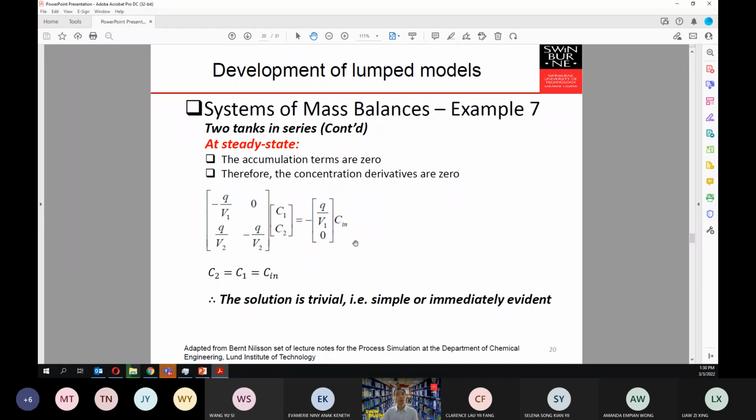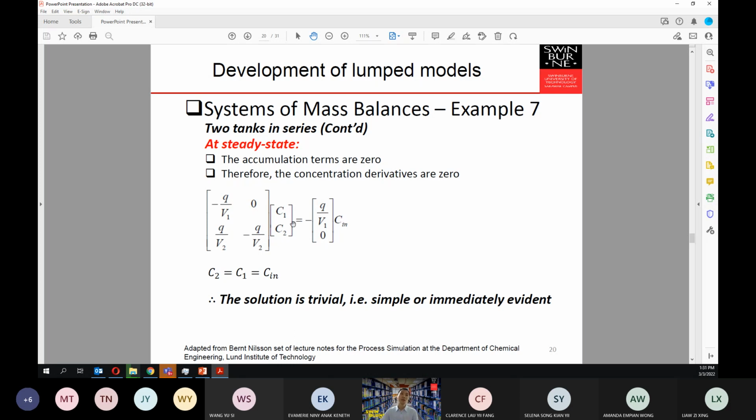Note that in this multiplication of the matrix, this has to be multiplied by this. So minus q over V1 multiplied by C1 plus 0 multiplied by C2 will be equal to this first term, minus q over V1 multiplied by C in. So in essence, C1 will be equal to C in.